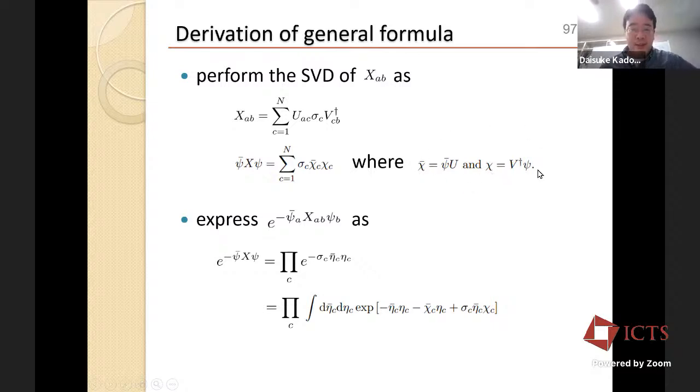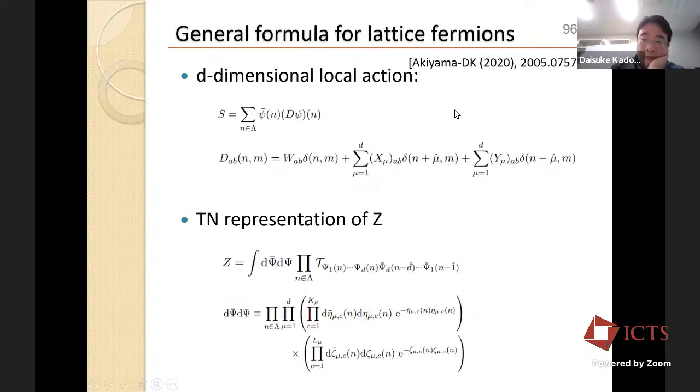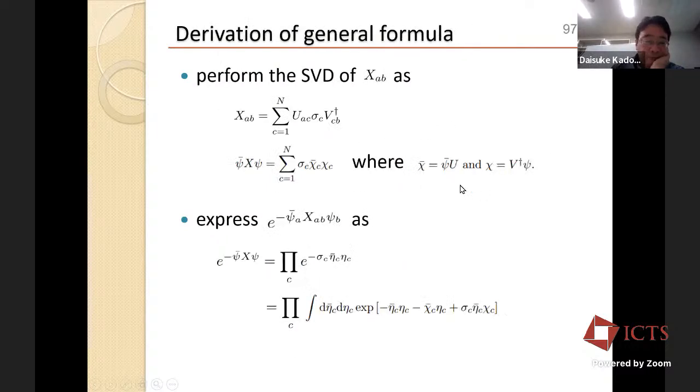By using this decomposition, the interaction terms are diagonalized, where x, k and chi bar are defined by this. The partition function is given by a product of this hopping term, which can be expressed in this form by using this diagonalization and auxiliary Grassmann numbers.